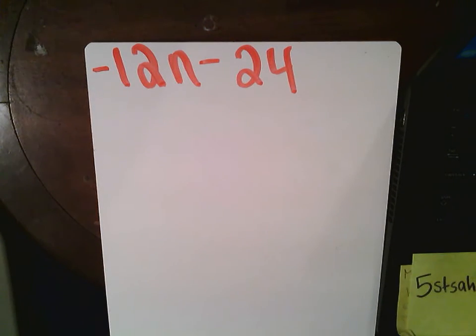Alright, so for this one, 12n minus 24, I'm going to show you how you can solve it all three ways, using the greatest common factor, using a rational number, and using a negative number. Well, I should make one of them negative then, shouldn't I? Negative 12n minus 24.